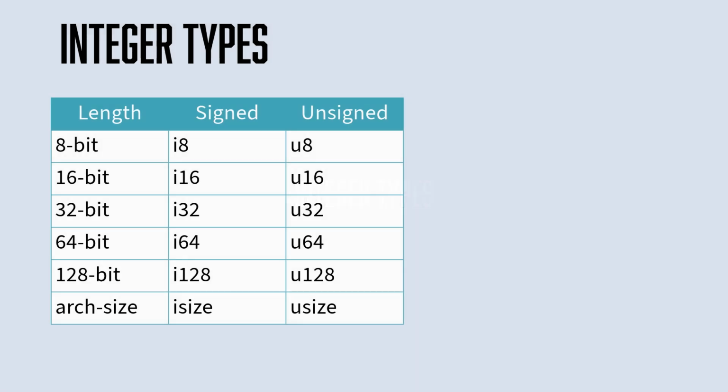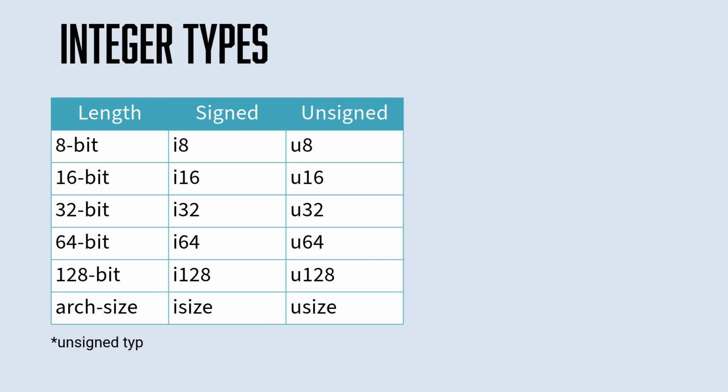An integer is a number without any fractional part, just whole numbers, positive or negative. In Rust, you can use signed or unsigned integers in a variety of sizes. For example, in the previous example, we used u32, which stands for an unsigned 32-bit integer.